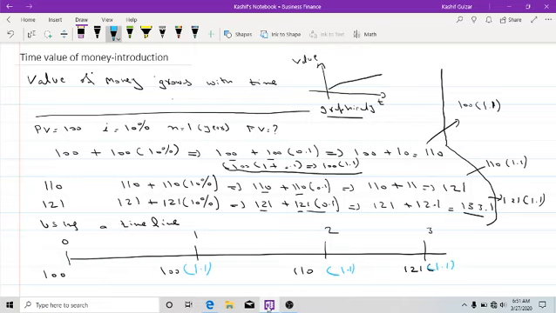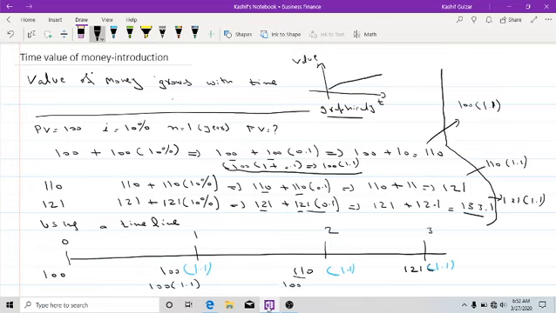Alternatively, I can also simplify this equation as this: 100 into 1.1. This 110 can be represented by this.